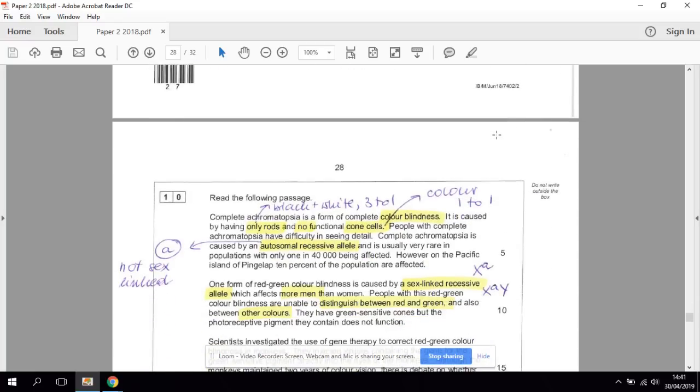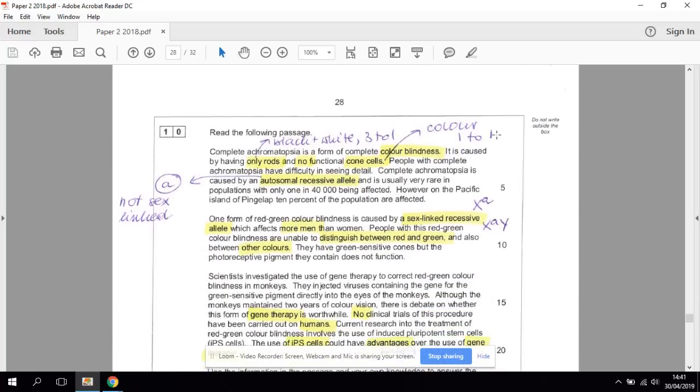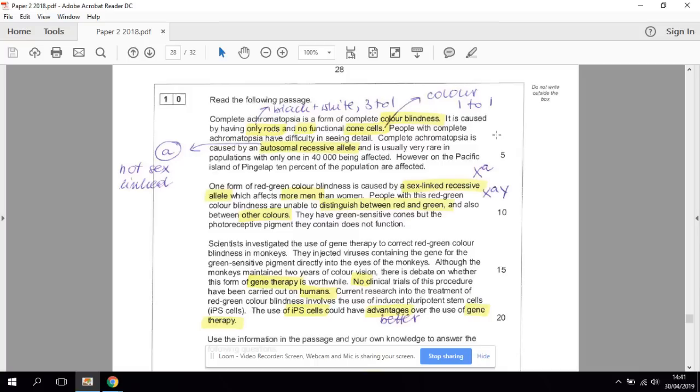Finally, we've got our last question, question 10. There's a lot to read in that question, so I will let you read through it and have a look at my labels here, and we will start in a second. Right, so what I've labeled here: rod cells, what do we need to know? That they only allow you to see in black and white.